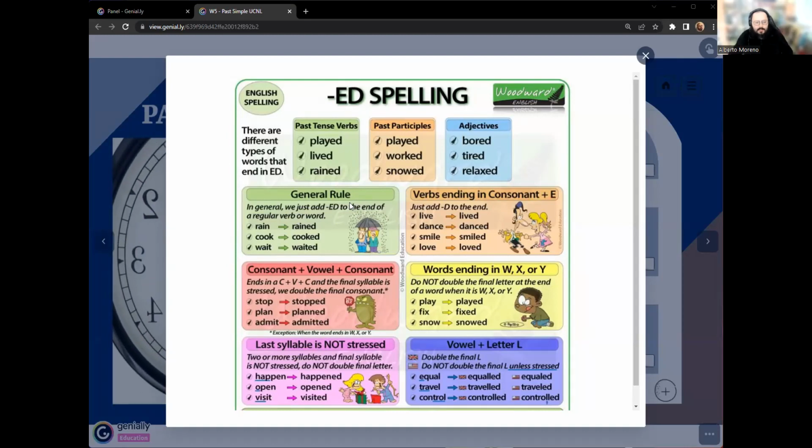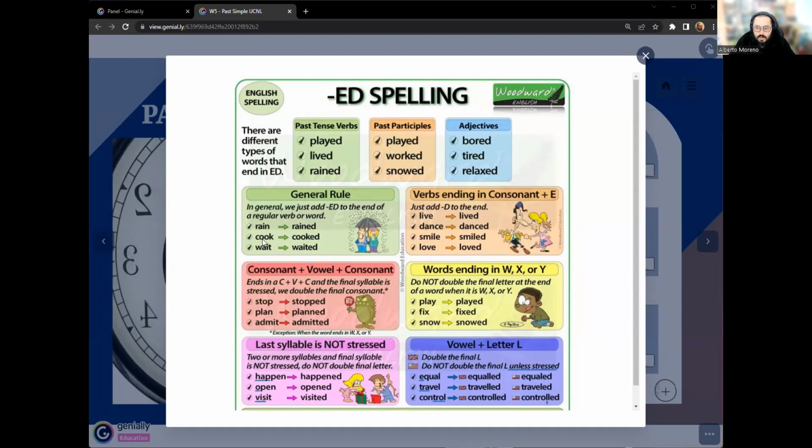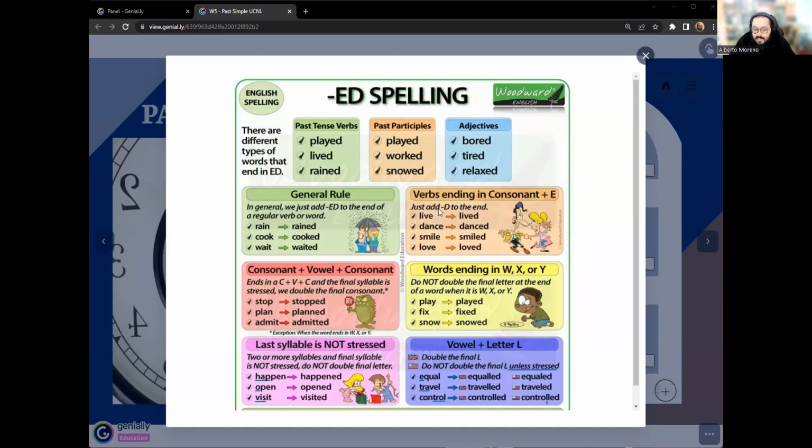For instance, we have rain, that turns into rained, cook into cooked, wait into waited. Then the rule says that verbs that end in a consonant plus an E, we only have to add the letter D. For example, live turns into lived, dance into danced, smile into smiled, love into loved.